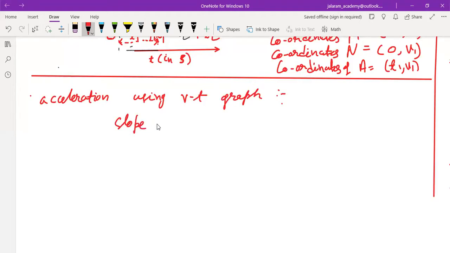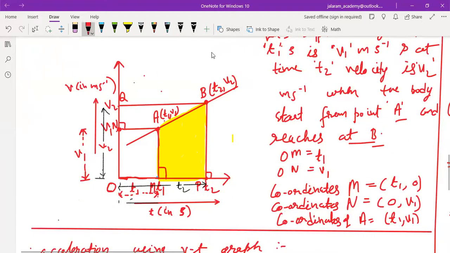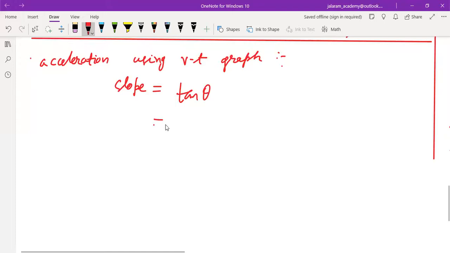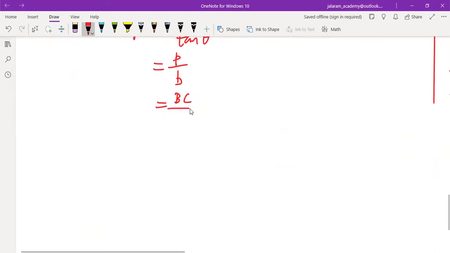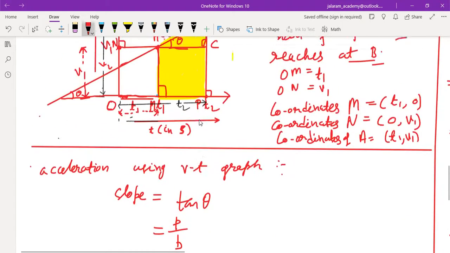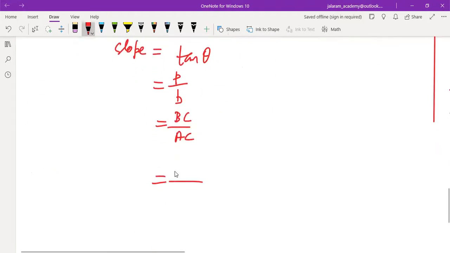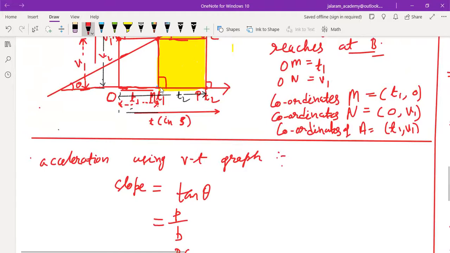So if you find slope, we know that slope is obtained if we draw a perpendicular from A to BP at C, and if inclination of this line, that is the angle which this line makes with the positive direction of x-axis is theta, then this angle will also be theta, and slope means tan theta equals to perpendicular upon base, which is equal to BC upon AC, and this BC equals to QN, and AC equals to MP.